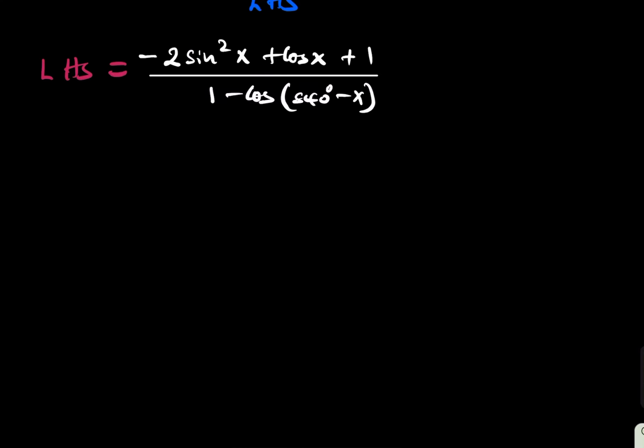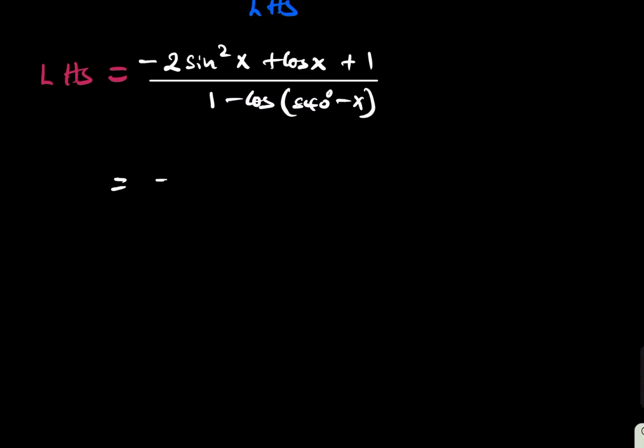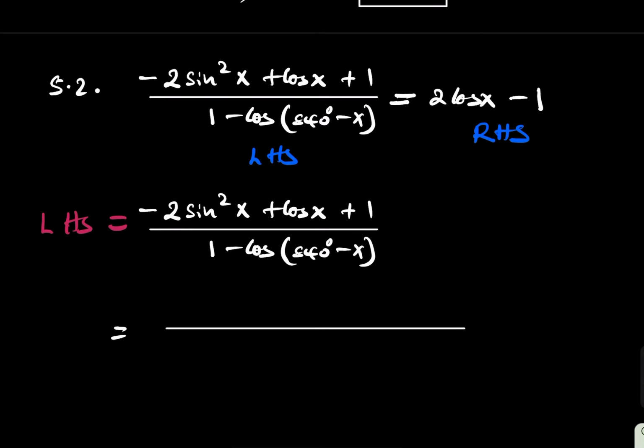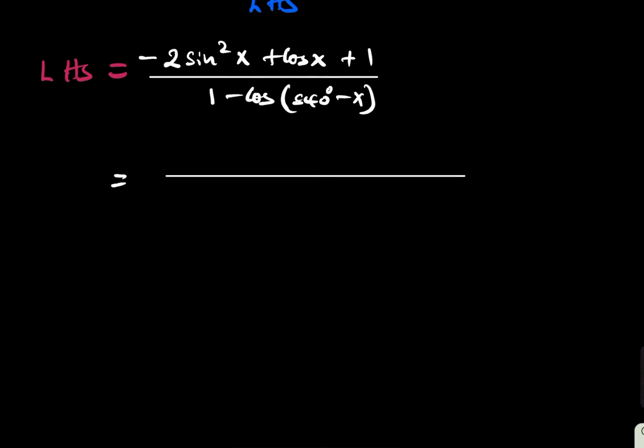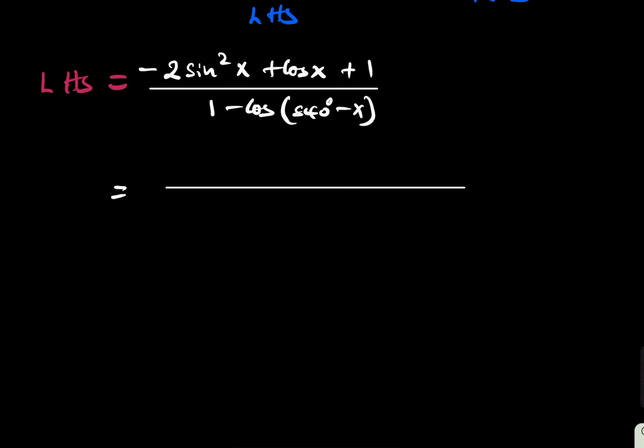Let's prove it. I'm going to say this is equal to, because it seems like everything must be left in terms of cos x. But I see a square identity of sine squared x, which is equivalent to 1 minus cos squared of x.